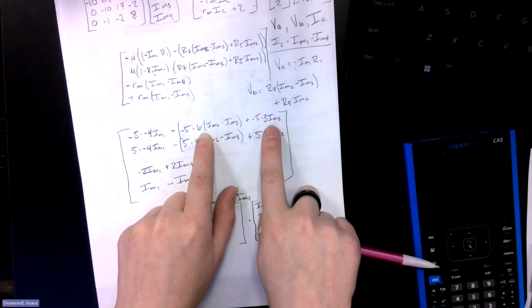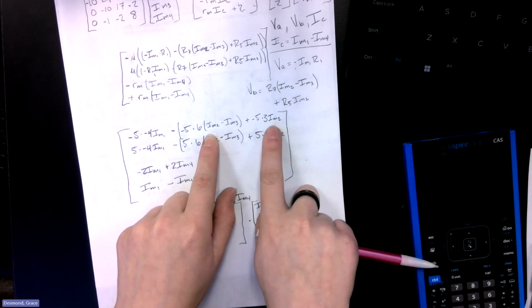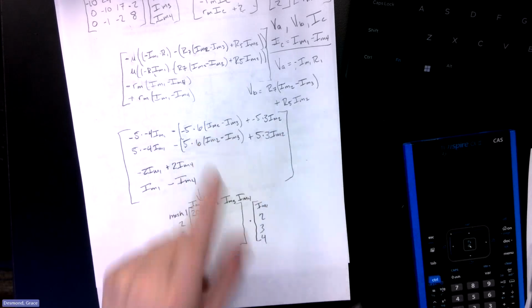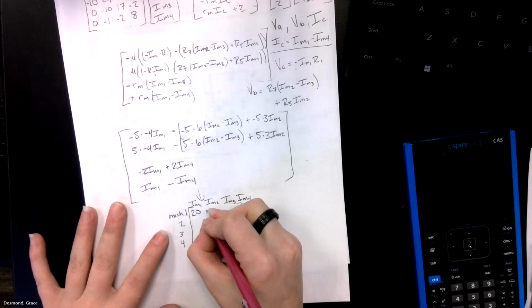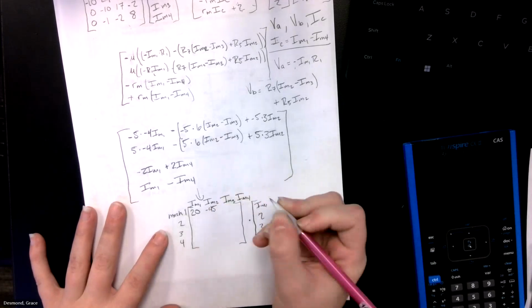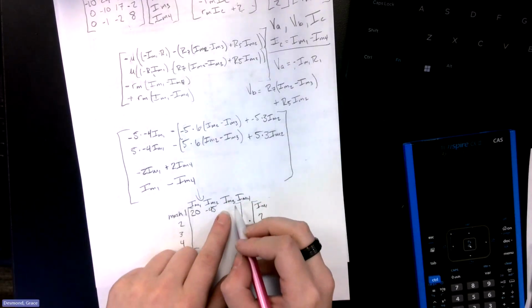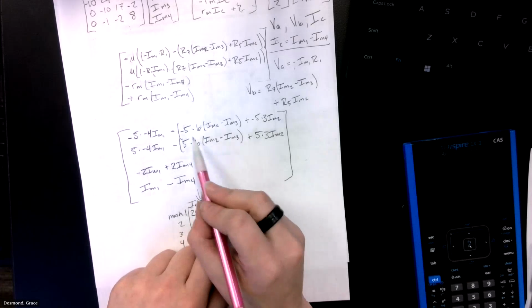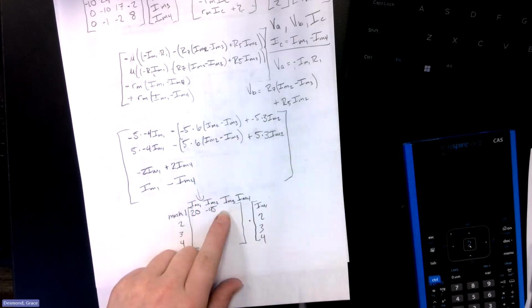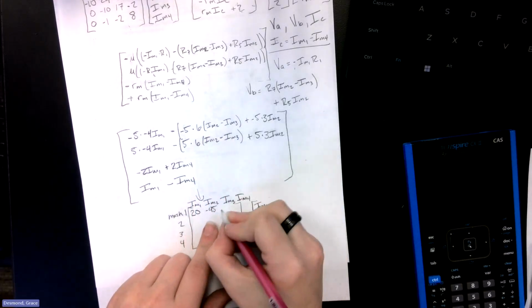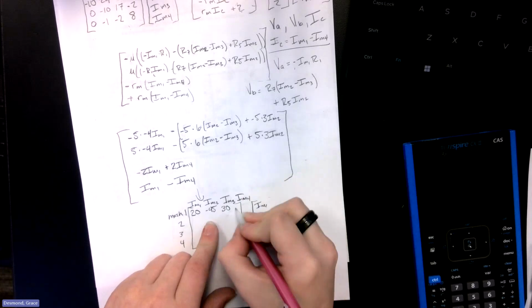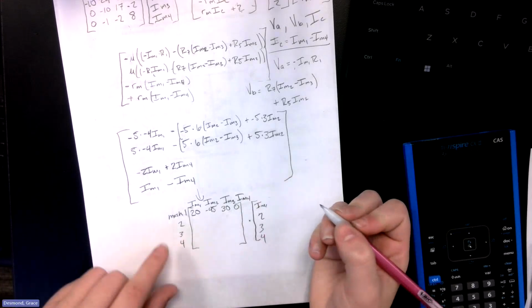Negative 15. Yeah, because it's minus 30, right? We have negative 15 minus 30 is negative 45. Now, what about IM3s? Negative 5 times 6 times negative IM3. That's 30. Any IM4s? 0.